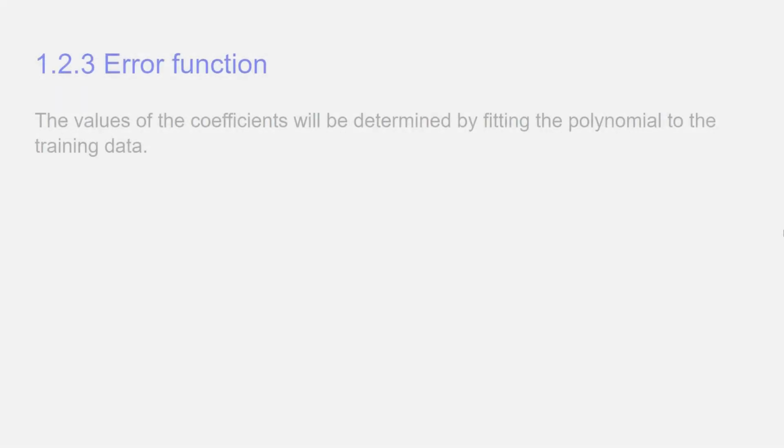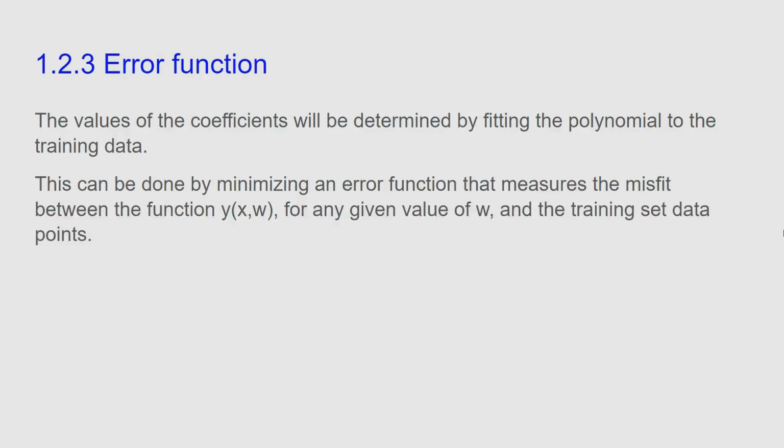Error function. The values of the coefficients will be determined by fitting the polynomial to the training data. This can be done by minimizing an error function that measures the misfit between the function y(x, w) for any given value of w and the training set data points.